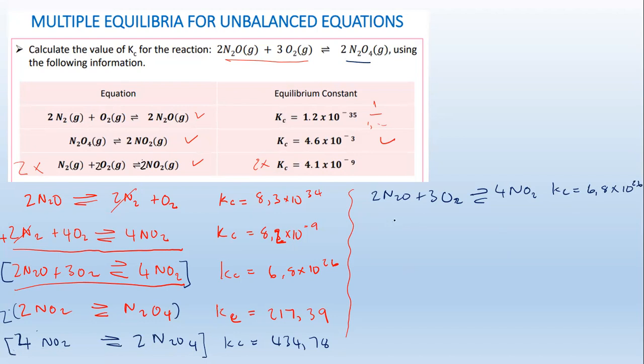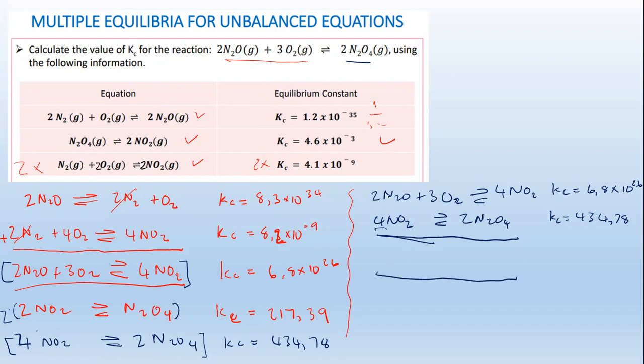And therefore for this equation, we're going to have 4NO2 giving us 2N2O4, and therefore here our Kc value is going to be 434.78. And therefore now let's add these two reactions.